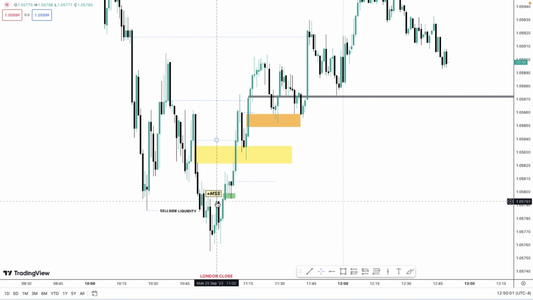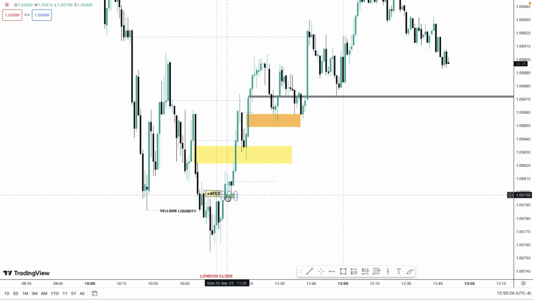So that's a market structure shift early on. The market trades to this order block, and then they break it higher with imbalance and displacement, taking out this swing high as well. So that's a market structure shift.